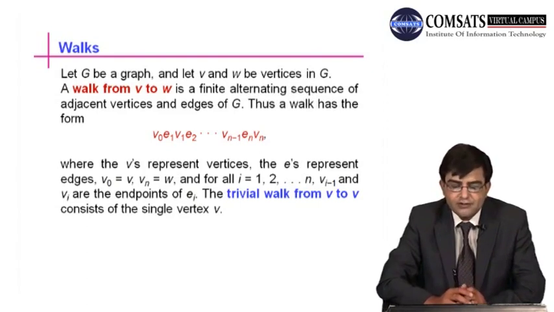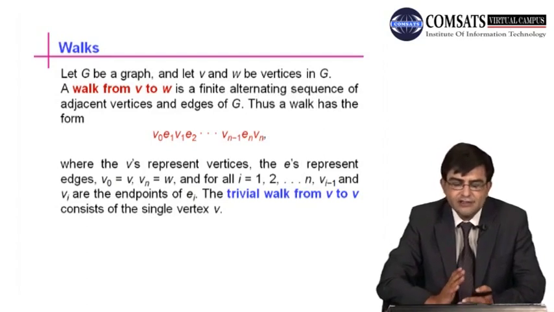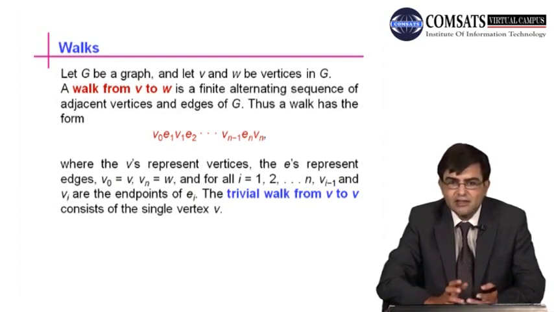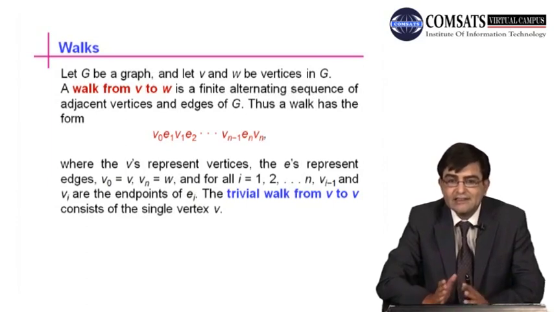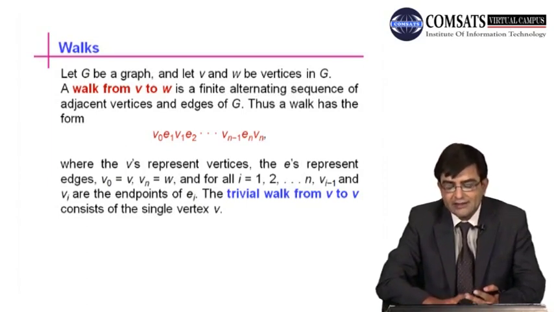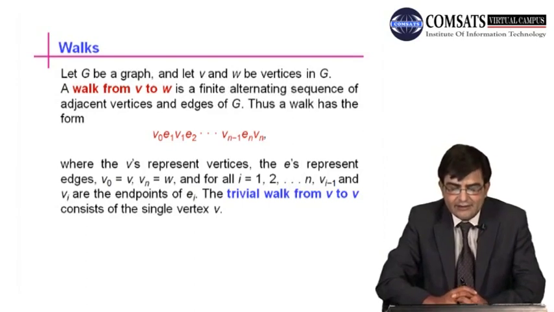What is an alternating sequence? Alternating sequence means first we write a vertex, then an edge, then a vertex, then an edge, then a vertex, then an edge, and so on. That is why we write alternating sequence here. One time we write an edge, one time we write a vertex. So this is an alternating sequence of adjacent vertices and edges of G.